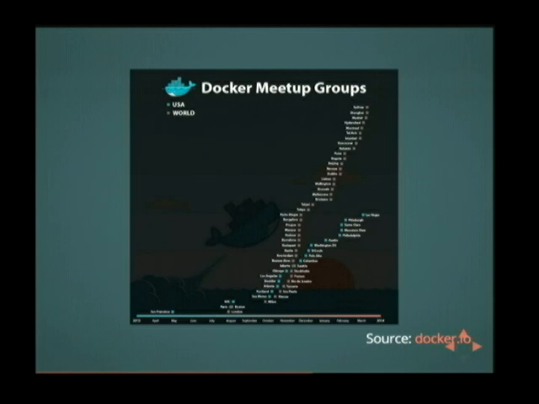Just curious, looking at that graph, the international line is sloping up, and the US one might even be starting to slope down with a definite crossover point. I'm curious if you have any theories about that.